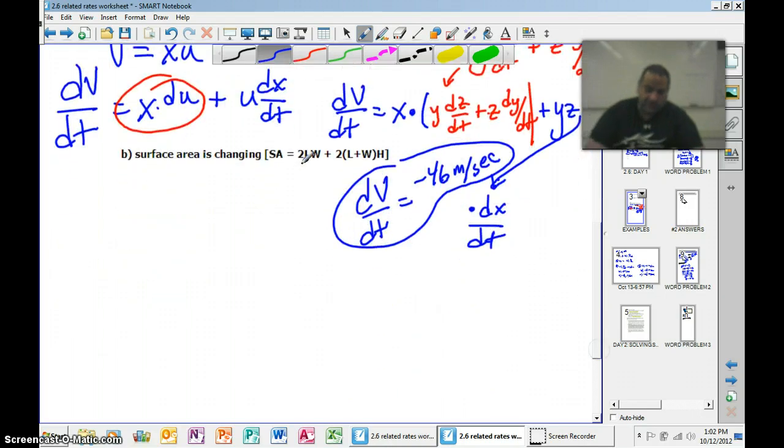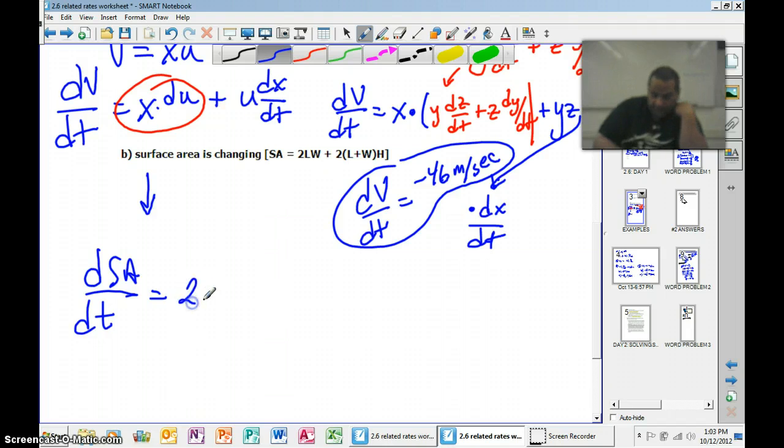Now the next part is the surface area. If I wanted to see how the surface area is changing, I would say the derivative of the surface area with respect to time is, and I have to do the product rule here. I'm going to change these L's to x, y, and z.